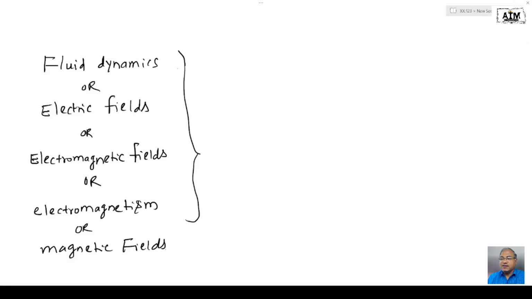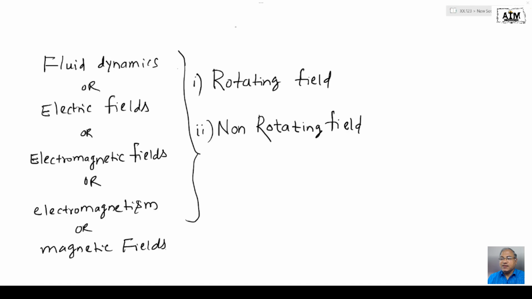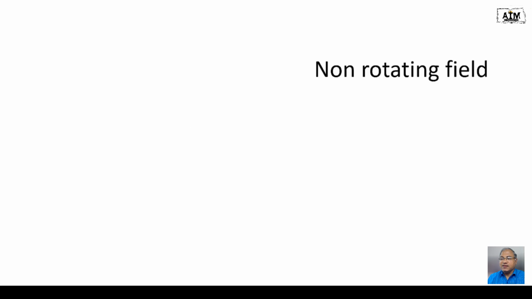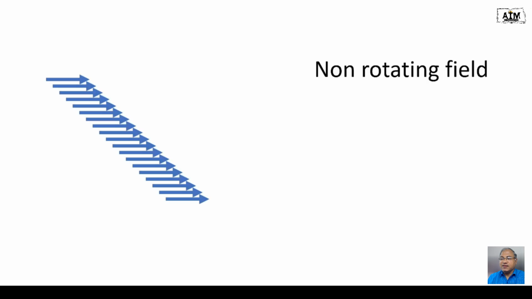While talking about fluid dynamics, electric fields, electromagnetism or magnetic fields, we specially talk about two kinds of fields. One is a rotating field, another is a non-rotating field. A non-rotating field is also called an irrotational field. A non-rotating field just moves from one place to another, as shown here.